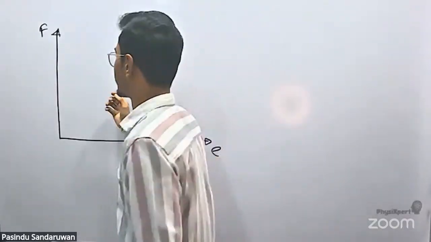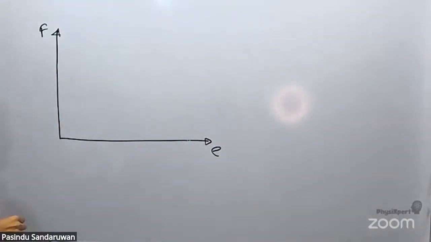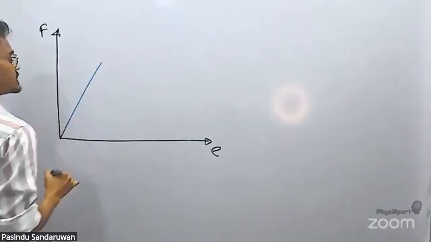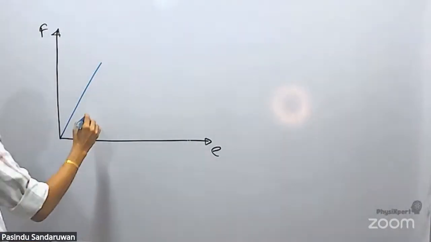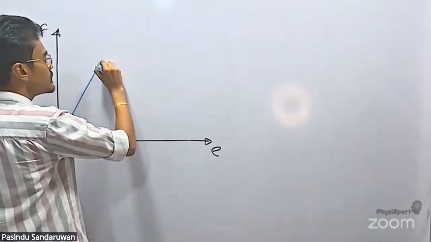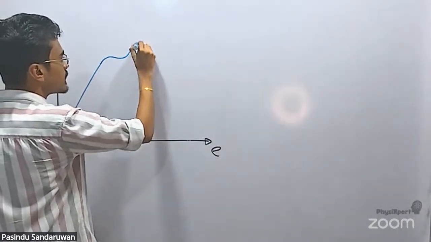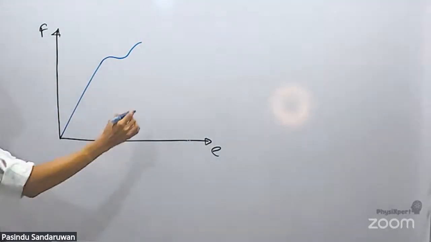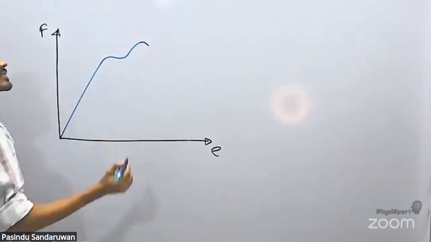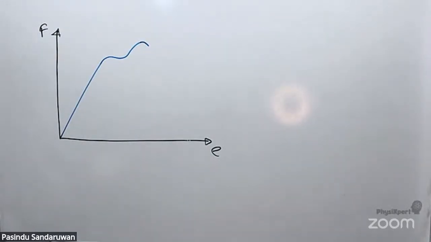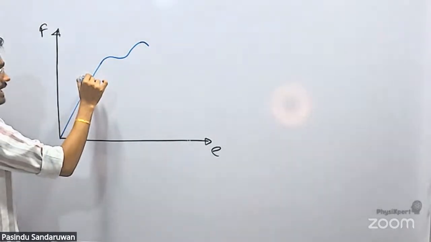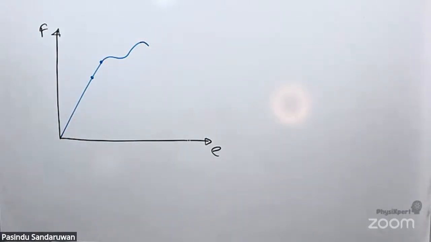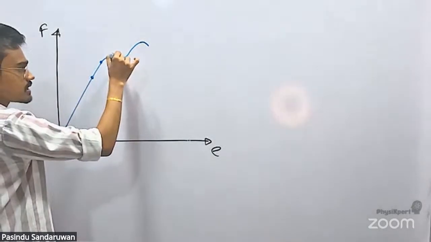If we plot this graph between F and E after the experiment, this is what you get. The first part is linear, and then it deviates from linearity and goes somewhere here like this. Here we can identify a few special points on the graph.